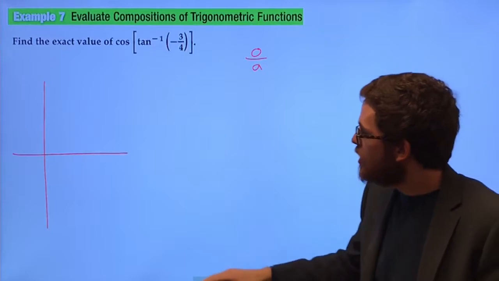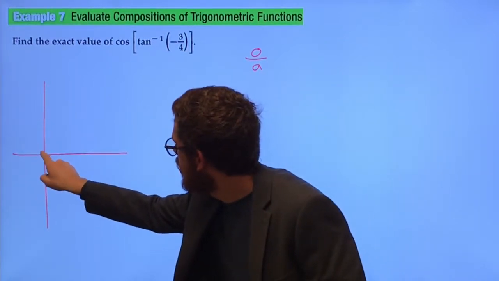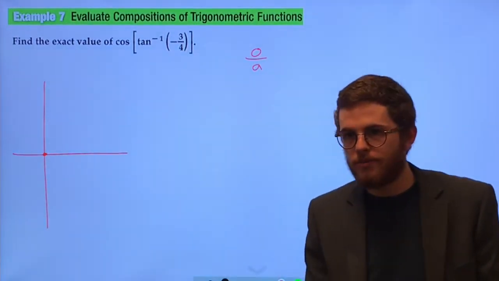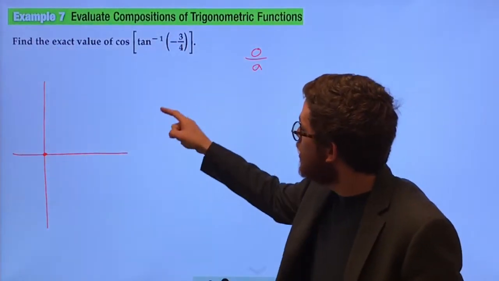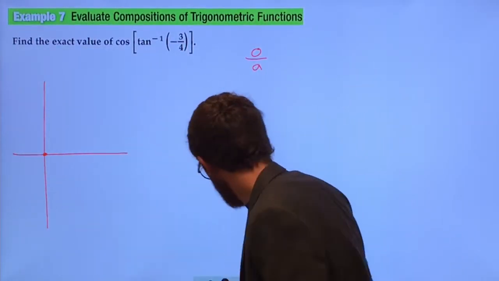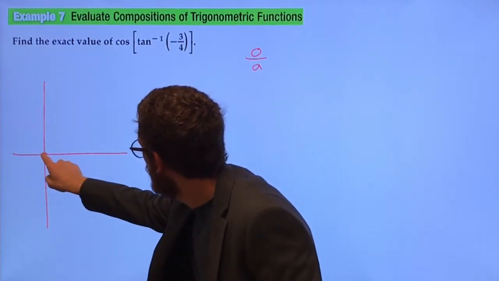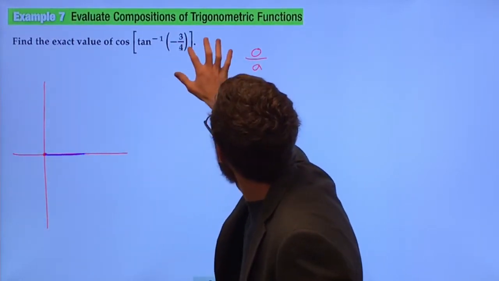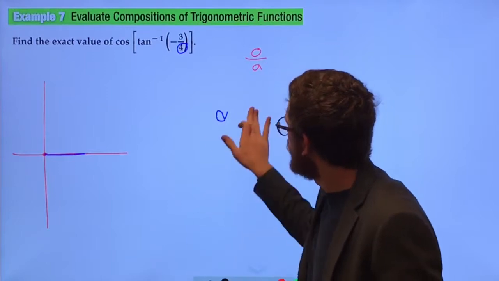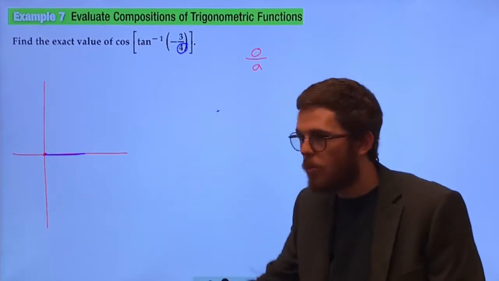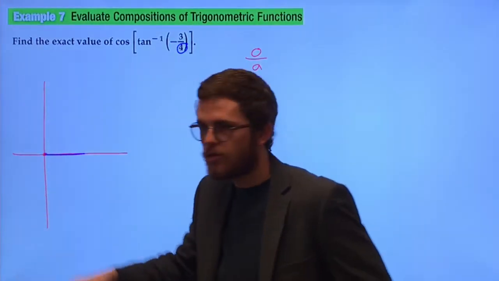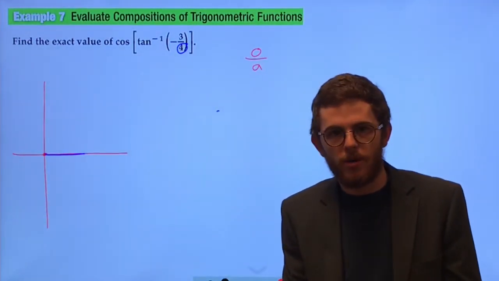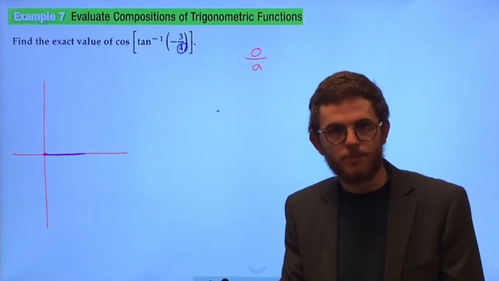Well, opposite over adjacent, coming from the center of our coordinate plane, adjacent to this would have to be the 4. And I can only go +4 units because I can't go into quadrants 2 or 3. Those are not part of our restricted domain.